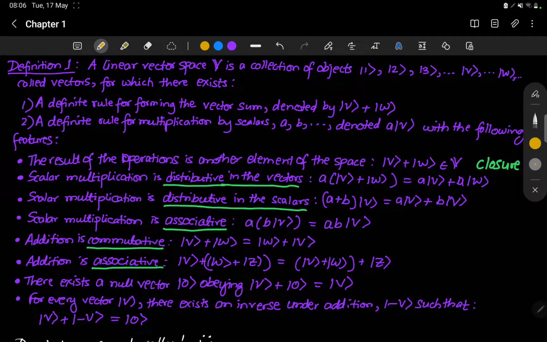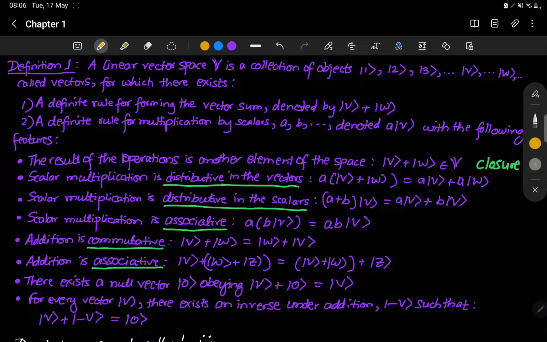The first one is the closure property. Then there is the distributive property for the vectors, so scalar multiplication is distributive in the vectors. Also scalar multiplication is distributive in the scalars as well. So we have these 2 distributive properties for scalar multiplication. The fourth one is the associativity of scalar multiplication. Then we have 2 axioms based on addition. Addition is commutative, addition is associative.